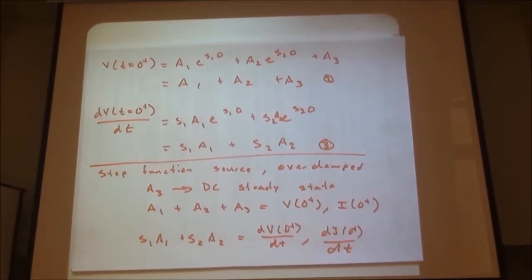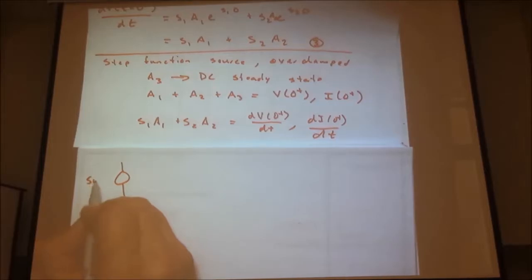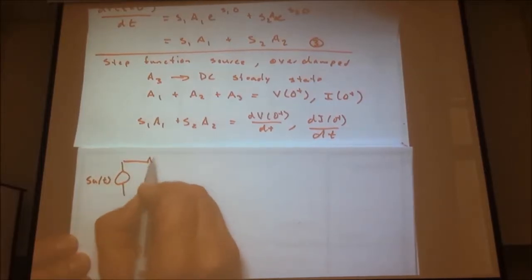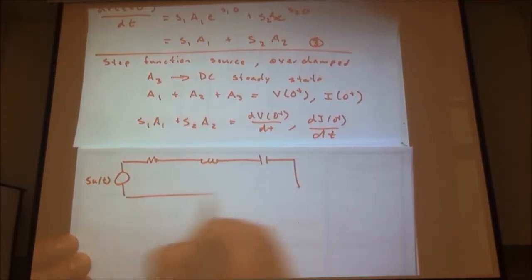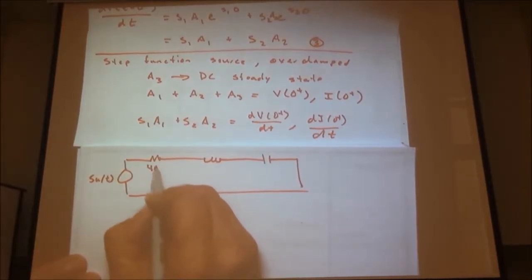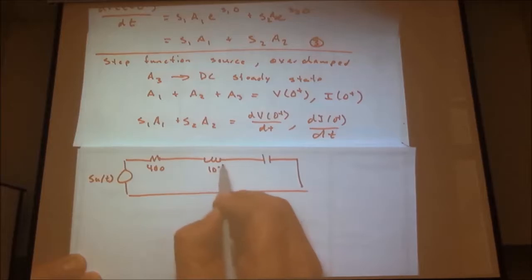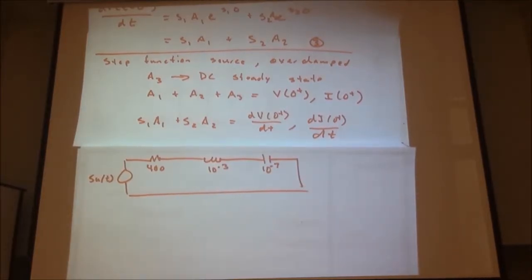So once you have the differential equation, here's the way to find the terms when it's an overdamped circuit. And so let's consider a case study. Let's go with one of our classic circuits, 5 volts. So we have an R, that's my R, 400 ohms, 10 to the minus 3, 10 to the minus 7.